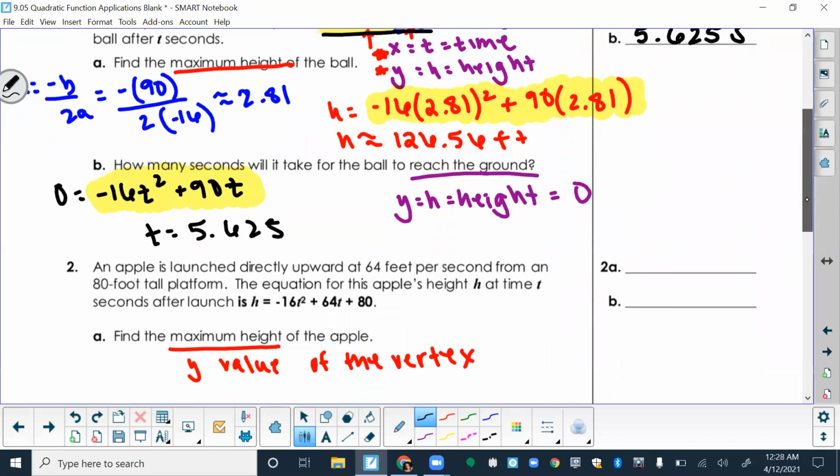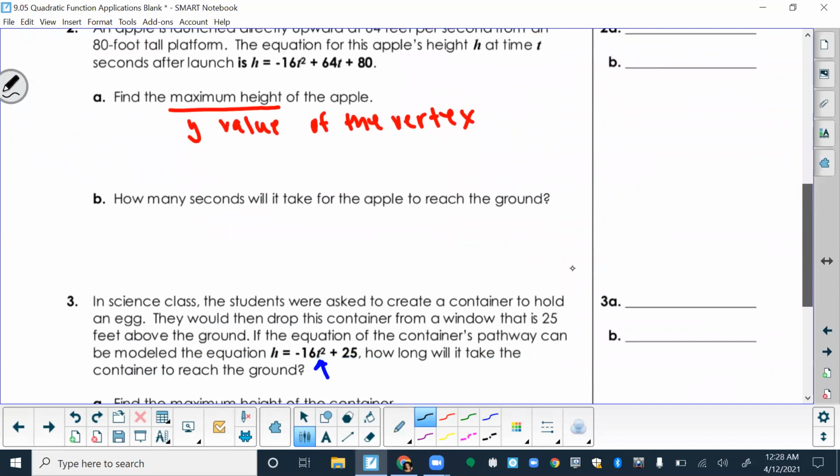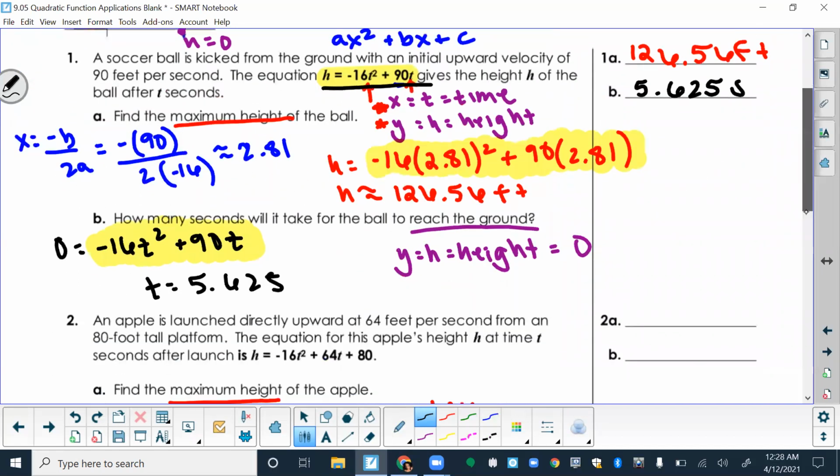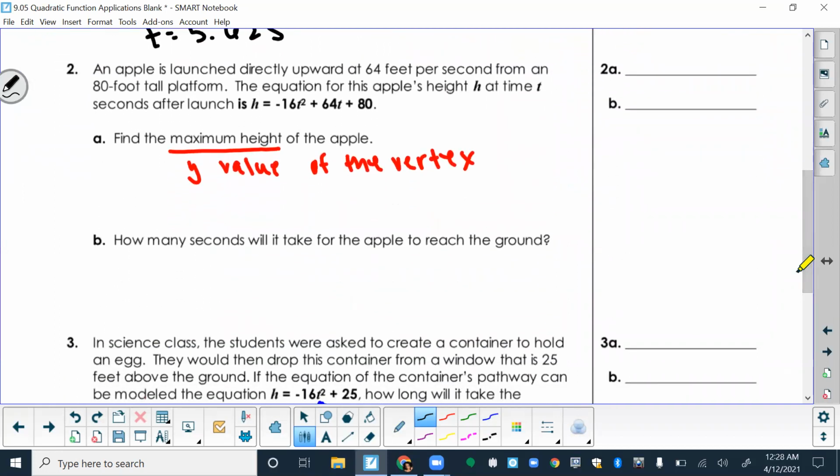Then when you scroll down to these other problems, how many seconds will it take the apple to reach the ground? We're talking about what's the t value when h is 0. So we're just plugging in 0 into whatever equation they give us. They have different equations for each problem, so use whatever equation they give you.